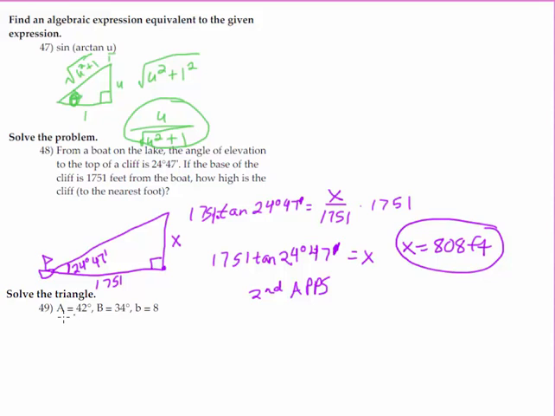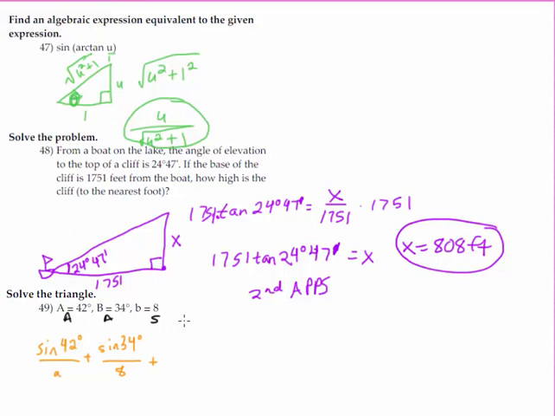So, solve the triangle. We have an angle and a side. We can draw the triangle if that would help us, but you know, there is a formula, right? That's sine A, so sine 42 over little a, which we don't know, sine B over little b, which we also don't, oh no, we do know b, is 8.